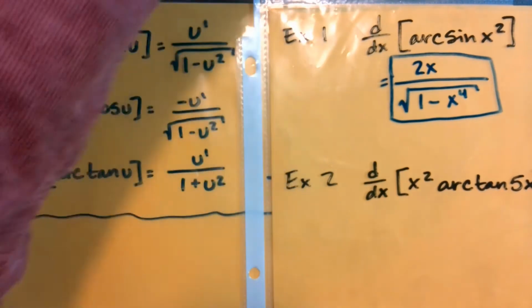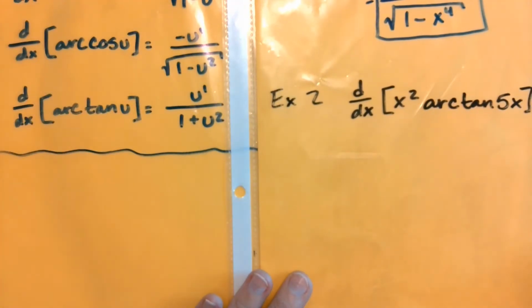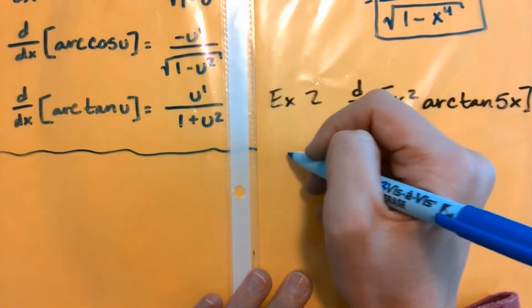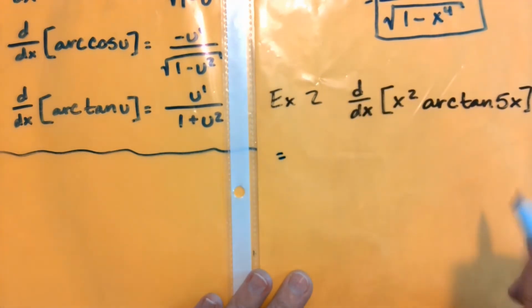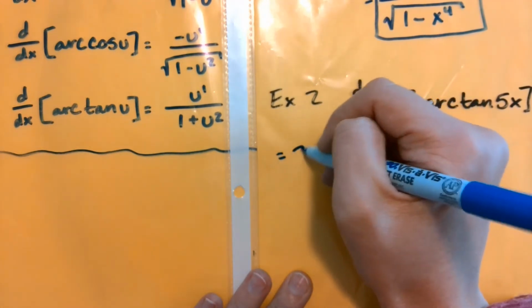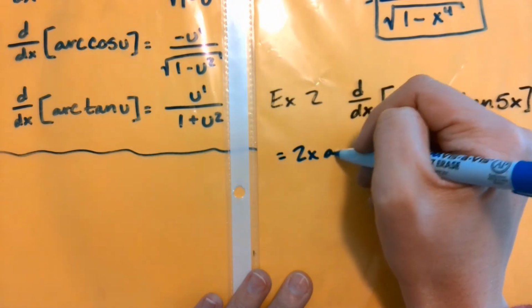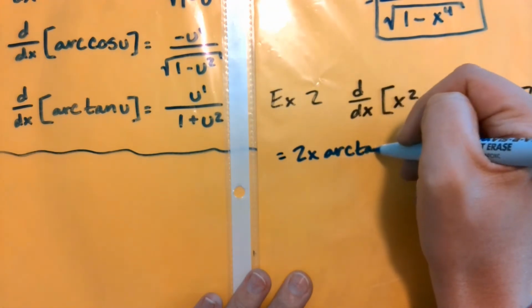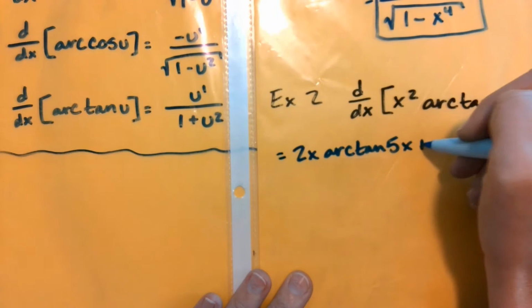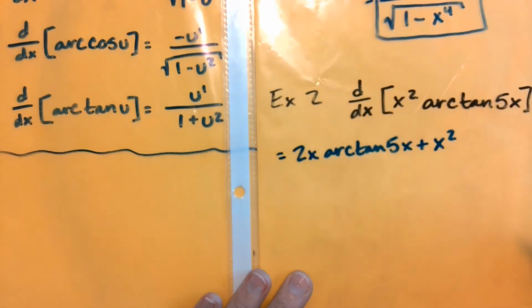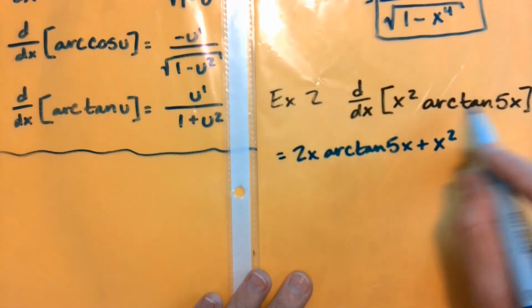Woo woo! For example 2, at least we have a little product rule to make things more interesting. I'm going to have the derivative of x squared times the arctangent of 5x plus x squared times the derivative of this arctangent of 5x.